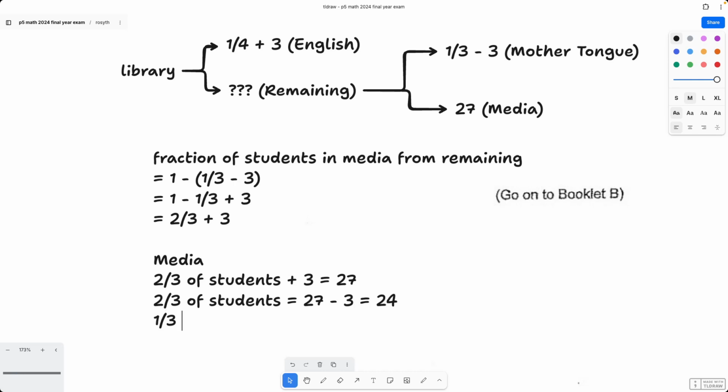So 2/3 of students is equal to 24, and then we divide it by 2, and this will give us 12. So 1/3 of students is 12.